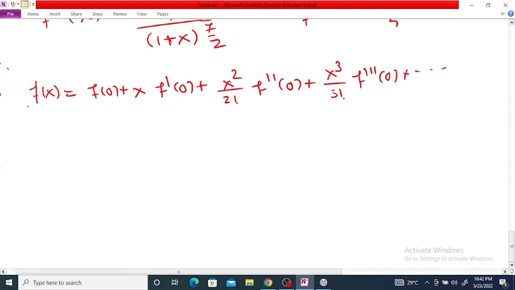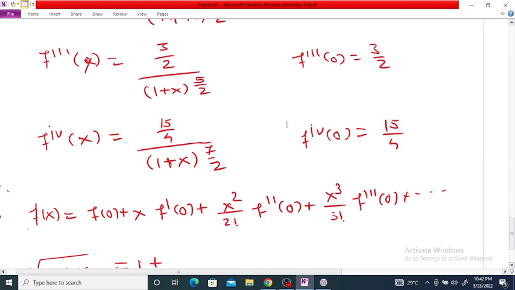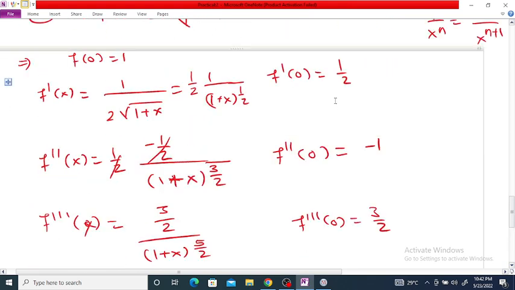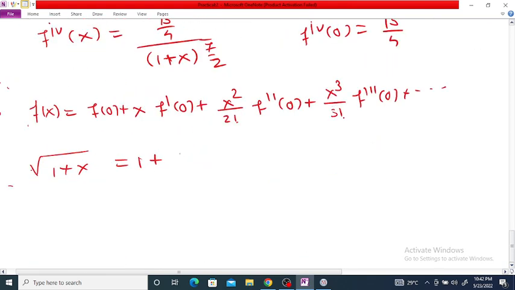So what is f of x here? Square root of 1 plus x. So f of 0 is 1. What is f dash 0? F dash 0 is equal to 1 by 2. So it is 1 by 2 x.